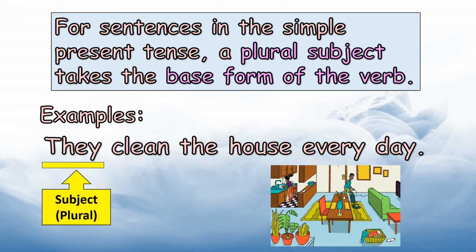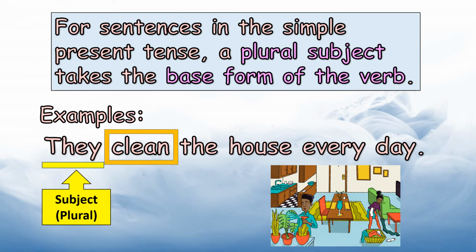They is the subject in the sentence, which is plural. How about the verb? Clean. The verb clean is in the base form since the subject in the sentence is plural. Plural subject takes the base form of the verb.